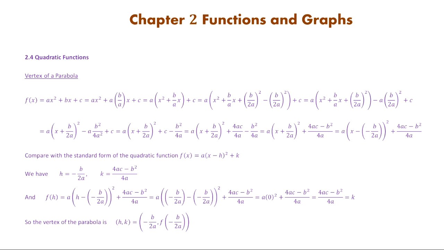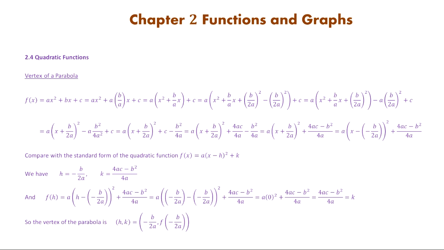Remember, replace h by negative b over 2a, and then plus 4ac minus b squared over 4a. But then you got a 0 in the first part. Negative b over 2a minus negative b over 2a is 0. So you get a times 0 squared plus 4ac minus b squared over 4a. And then the first term is just 0. So you're just left with 4ac minus b squared over 4a, which is k. Okay. As you read from this standard form.